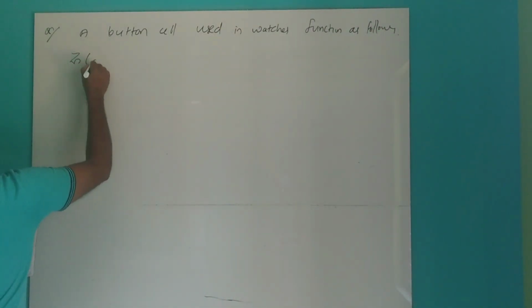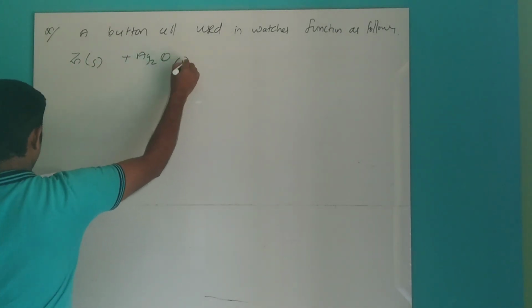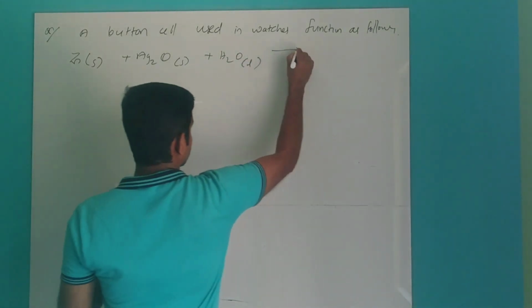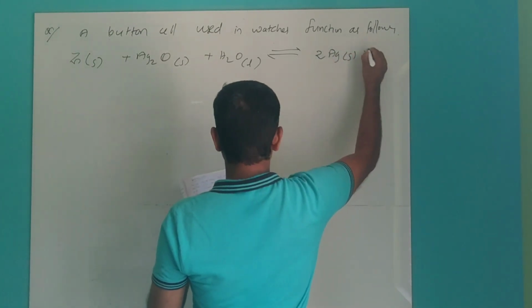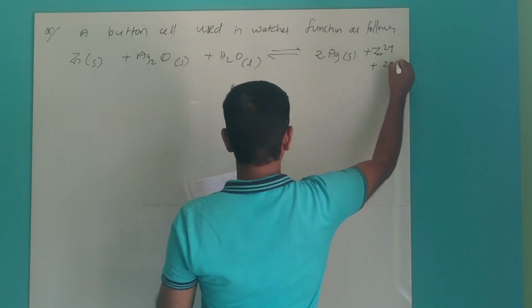Zn solid plus Ag2O solid plus H2O liquid gives 2Ag solid plus Zn2+ plus 2OH minus.